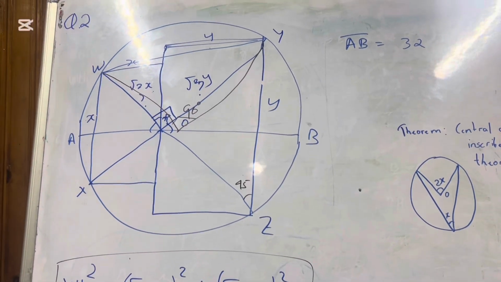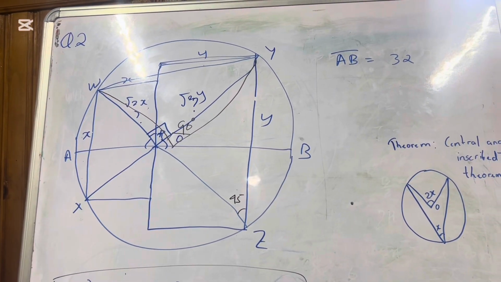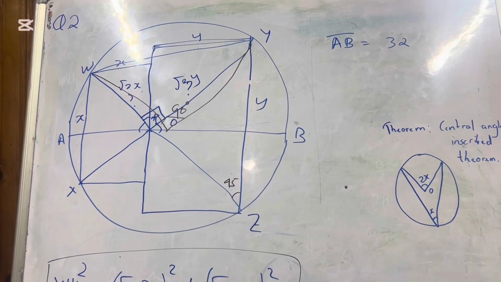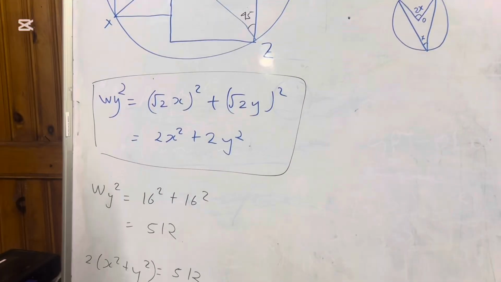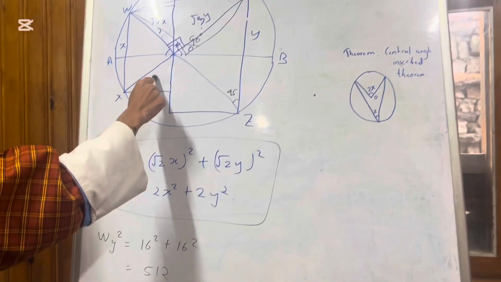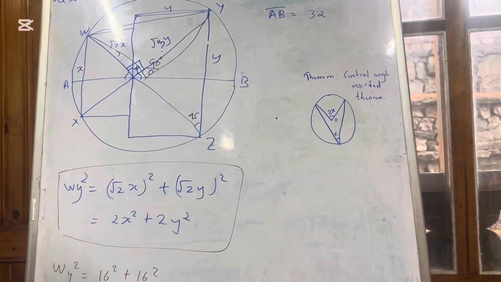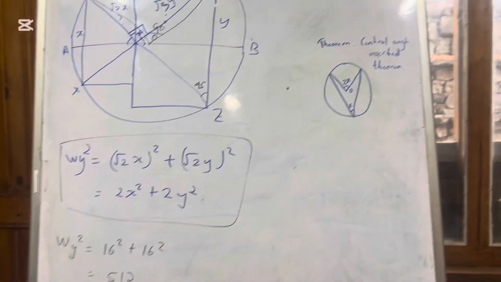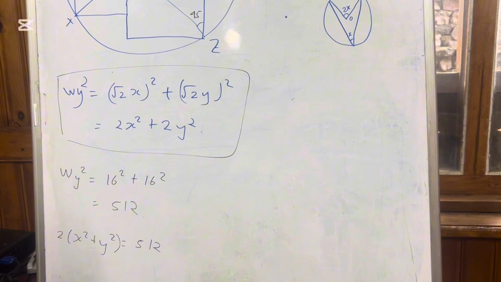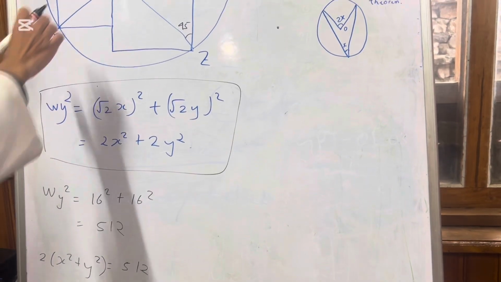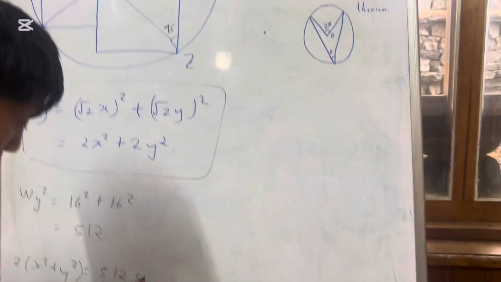The area of this square is x squared and the area of this square is y squared. So we have 2x squared plus 2y squared, and the value of 2x squared plus 2y squared is 512. So the area of the squares is 512 square units.